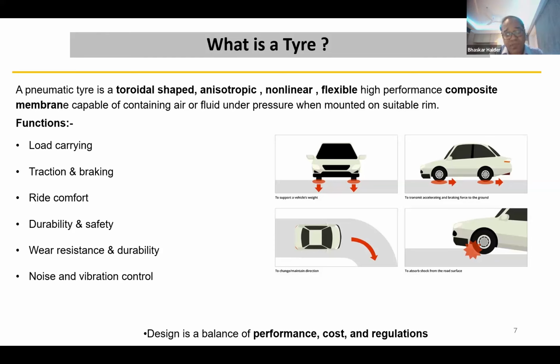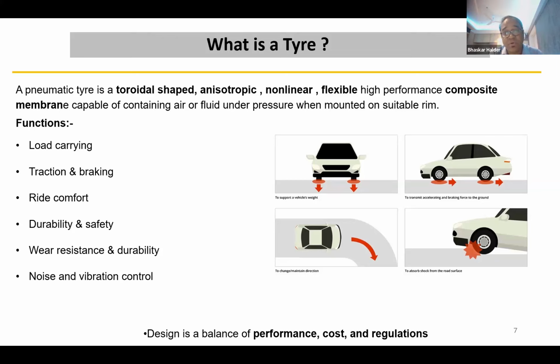As it is a composite, it is very difficult to design a tire with such different stiffness and different elastic properties of the materials. And the tire is a non-linear material, because in tires there is material non-linearity: steel is elastic, rubber is hyperelastic.